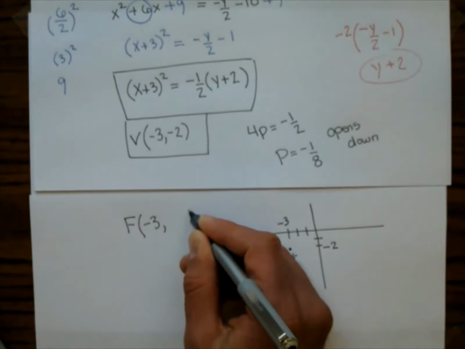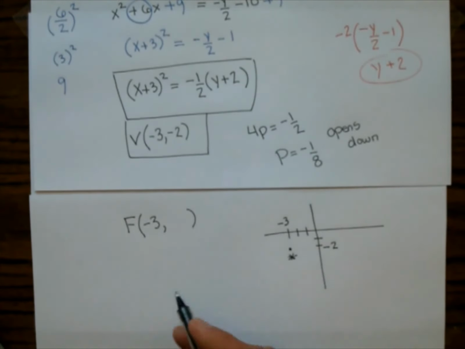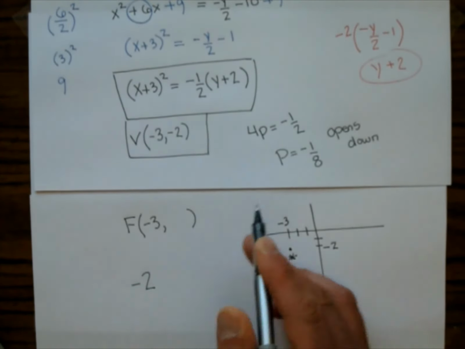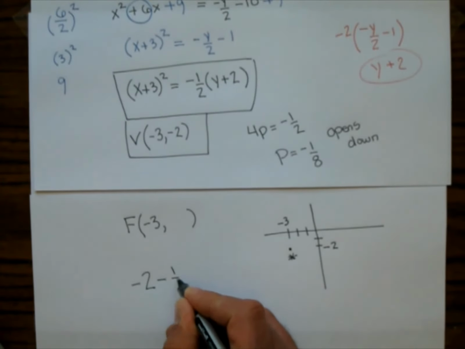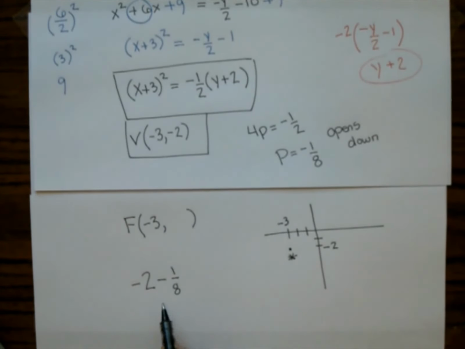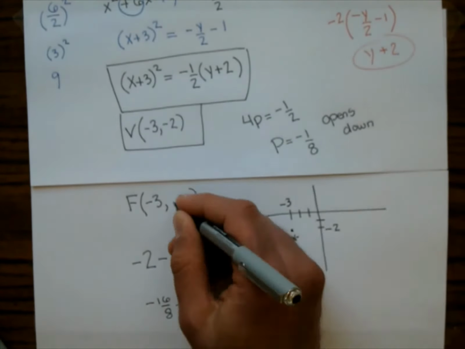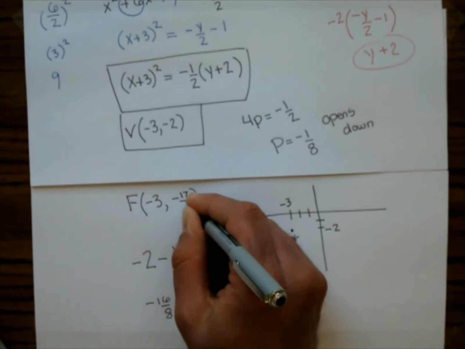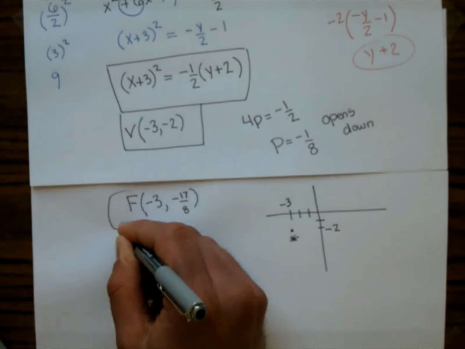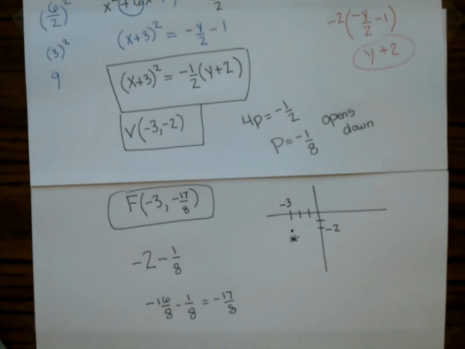To get the y coordinate, you're going to say negative 2 minus an 8th. And so this is negative 16 over 8 minus 1/8, which is negative 17 over 8. That gives me the focus.